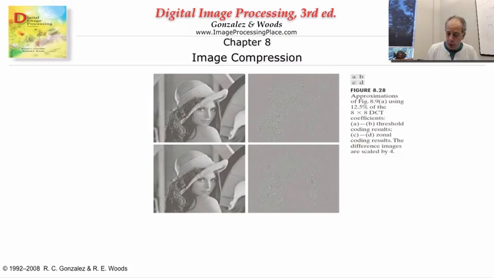So to conclude this part on the DCT, I just want to show you once again this image, Lina. These are just two different cases, but don't worry about that for the moment. Here, we took 8x8 blocks, we did a DCT, and we kept 12.5% of the coefficients, and then we came back.